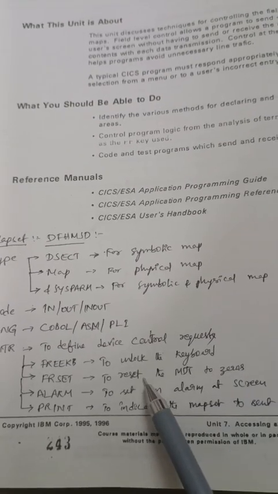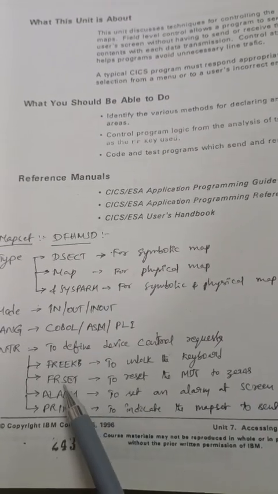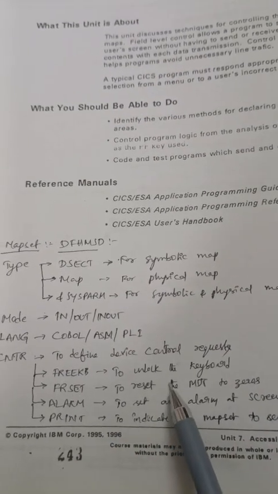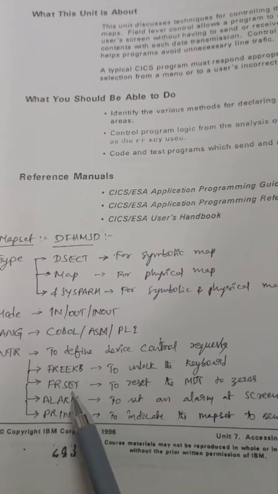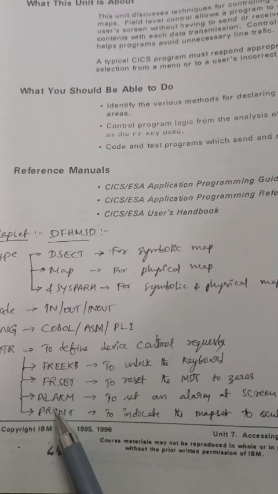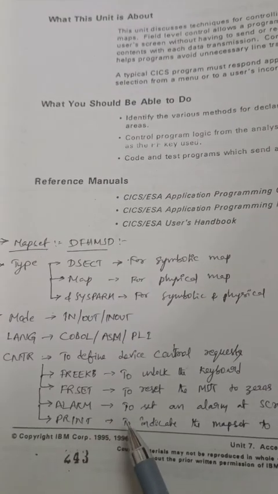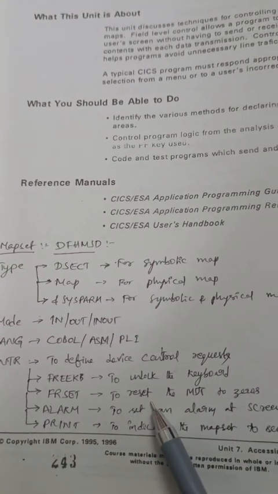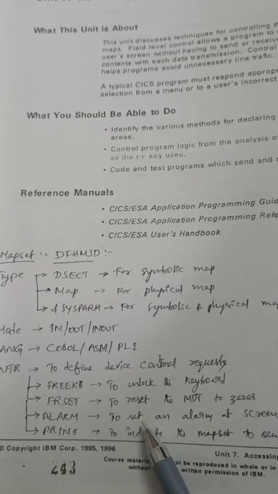For the field we have two types of MDT flag: FSET to set the flag to 1, and FRSET to reset the MDT parameter to 0. If you want to know what the MDT is, you can go to the previous video.